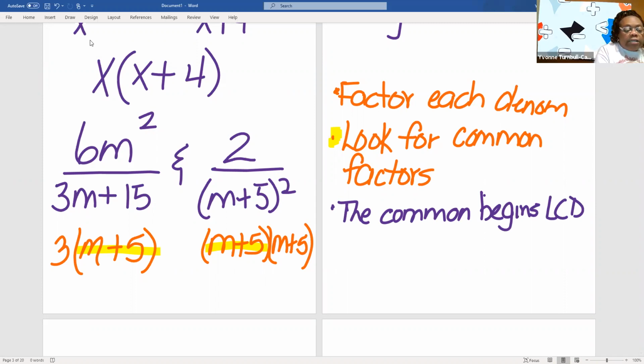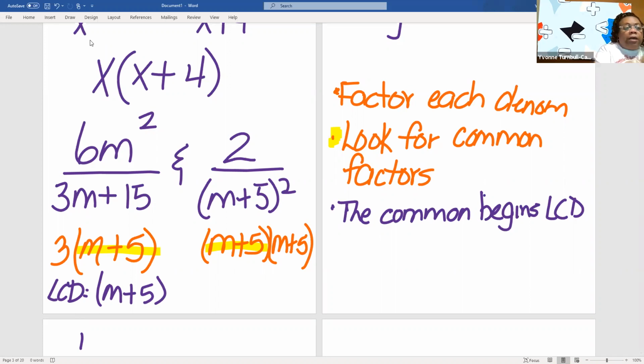So I know my LCD is going to have an m plus 5 in it. I know that's part of my LCD. Okay, I factored each denominator. I identified a common factor they had in both. That common factor begins my LCD. It's only written once because they both have it.